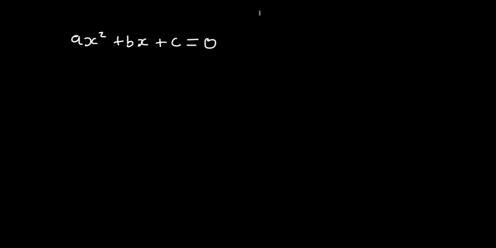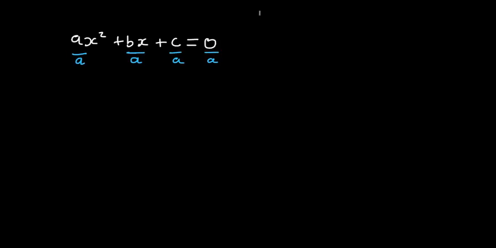Now, completing the square, you have to start by dividing by the coefficient of the x squared term. So you say, divide by a first, before you can start doing anything. You divide the whole expression.